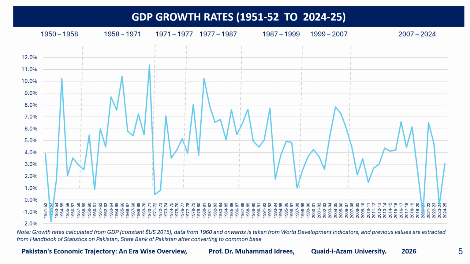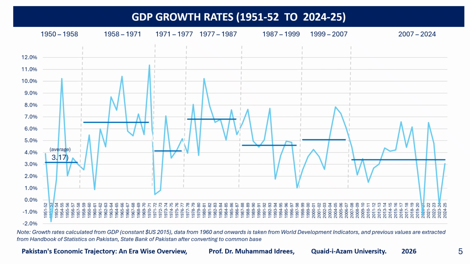One of the primary reasons for unsustainable growth in Pakistan is its reliance on consumption and external inflows rather than being productivity driven. Now we will compare the growth rates across different regimes.